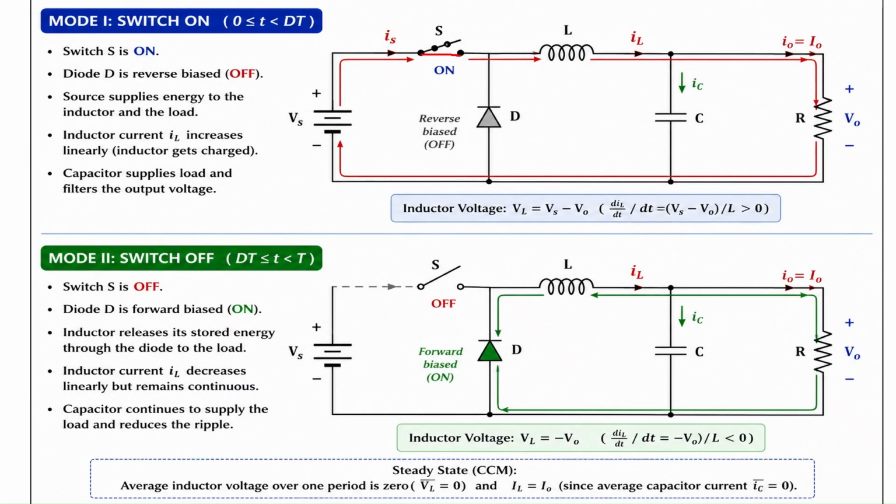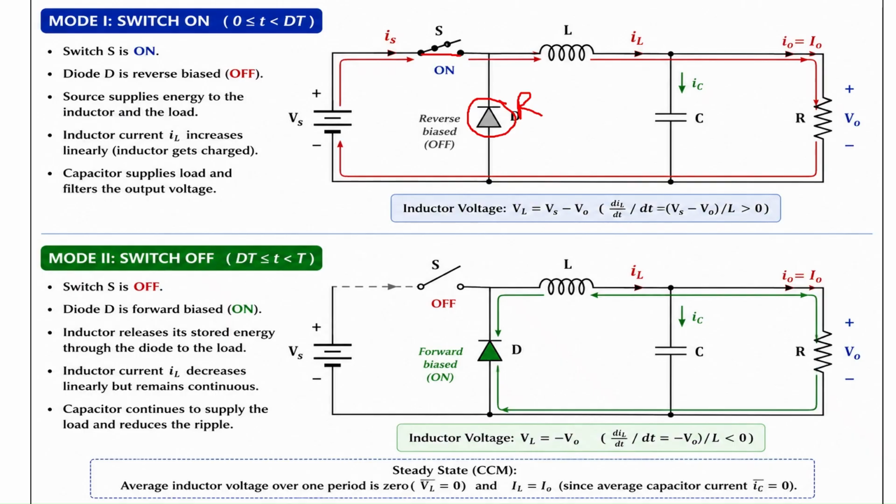When the switch is in on condition, this is the positive side of the source and this is the negative side of the source. The positive side of the source is connected to this side of the diode, and the negative side is connected to this side of the diode. So we can see that this diode is reverse biased, so it will act as an open circuit.